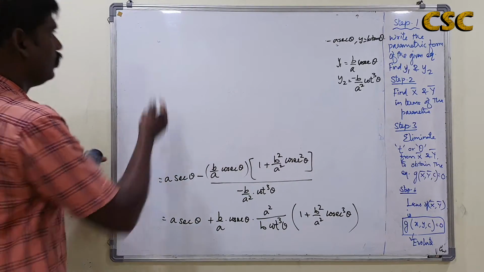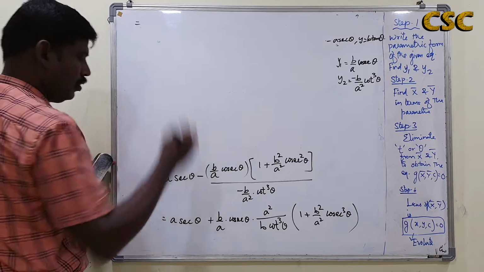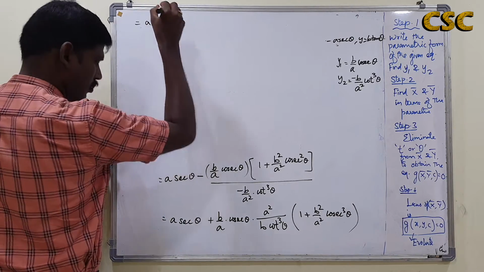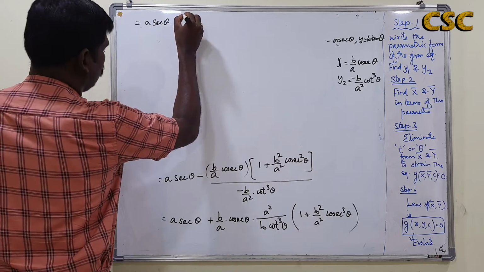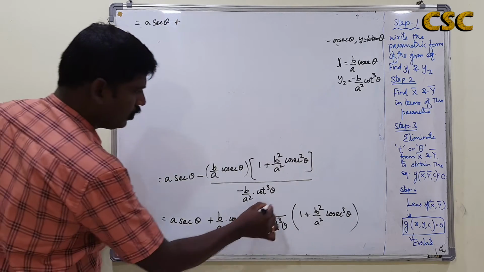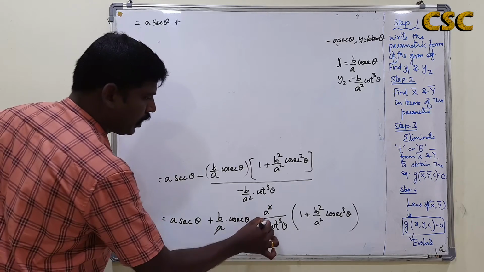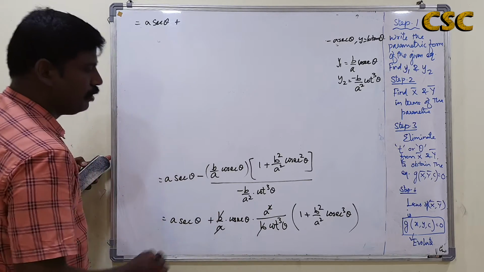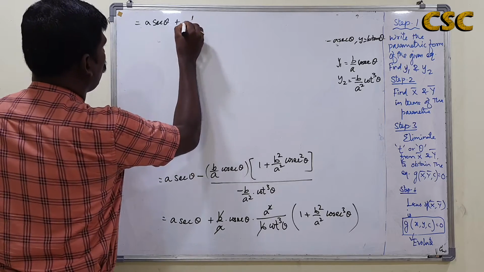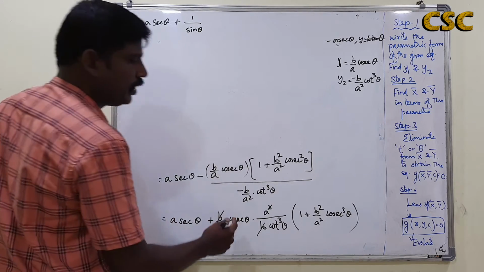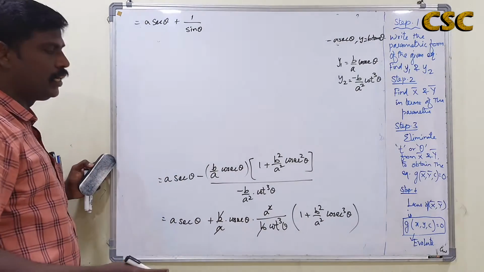That is equal to what is the value? A secant theta plus, this a square cancels with this a, so the remaining a is in the numerator, and then we can cancel this b with b. What is cosecant theta? 1 by sin theta. So make every term in terms of sin theta and cos theta.